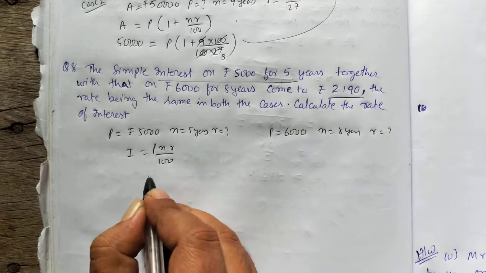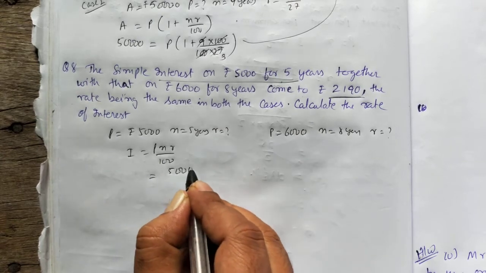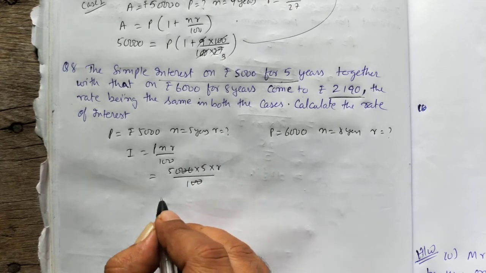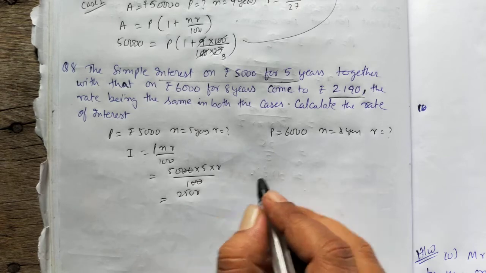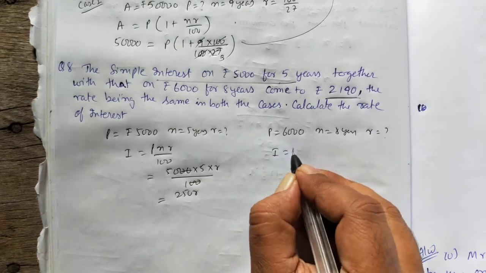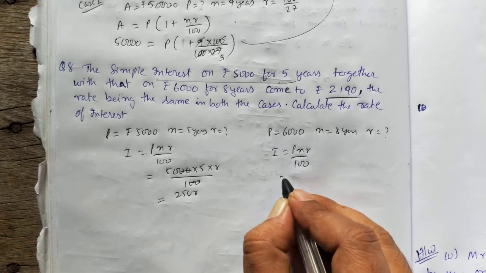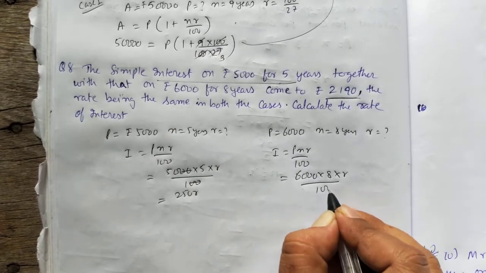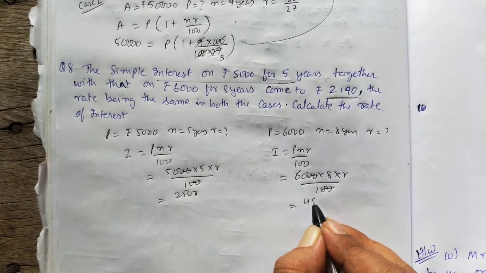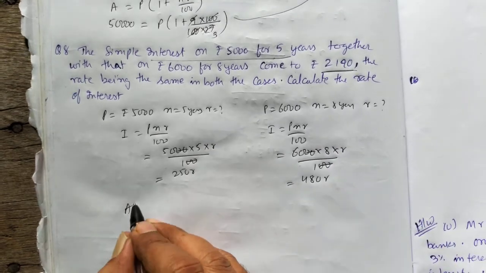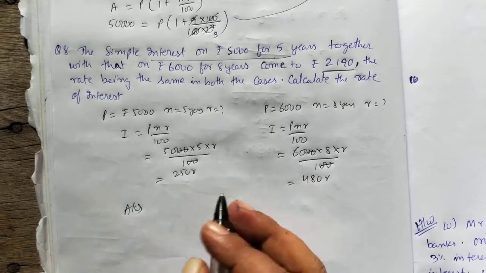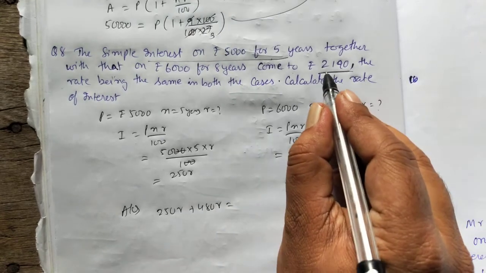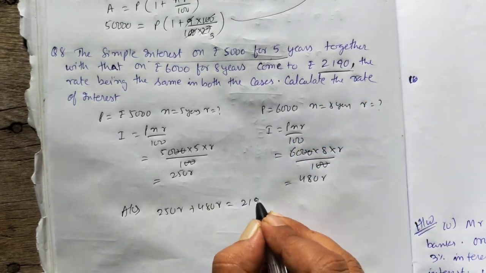PNR by 100, that is 5,000 into 5 into R by 100. If you cancel, we get 250 R. And here I equal to PNR by 100, 6,000 into 8 into R by 100. If you cancel 0, 480 R. As per question, the total interest of these two, 250 R plus 480 R, is coming up to 2190.